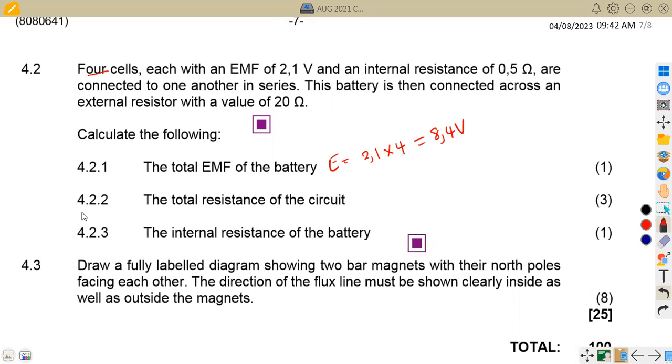All right. Then 4.2.2, the total resistance of the circuit. So take note here, we have got the total resistance of the circuit. Our total resistance is affected by 2 things: the total internal resistance and the resistance which is in series, the external resistor.